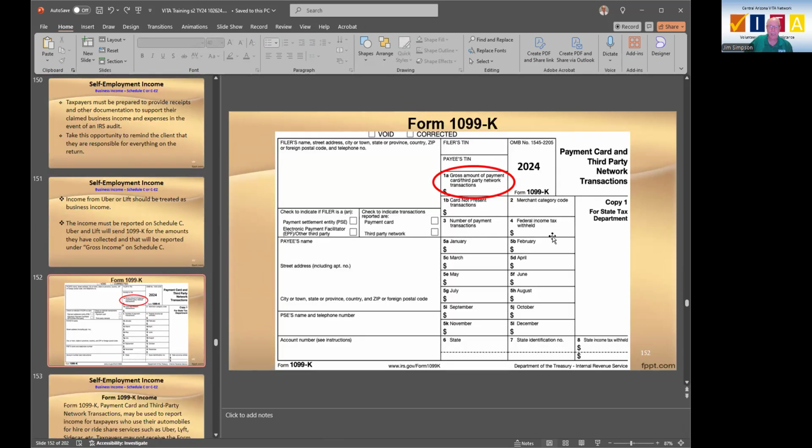Here's a 1099-K. Now, you've probably heard a lot about this in the news, okay? The first act that Biden put in, the Inflation Reduction Act, I forget what it said. It used to be, before 2021, that the 1099-K was used, as it says in this form, for third-party network transactions with huge amounts of income, 20,000 dollars or 200 transactions, I forget the exact number.